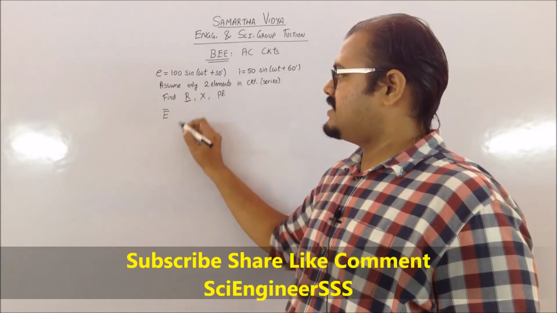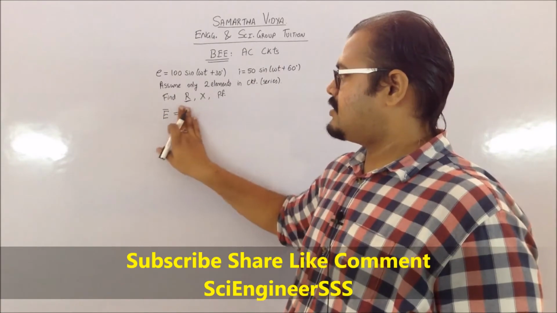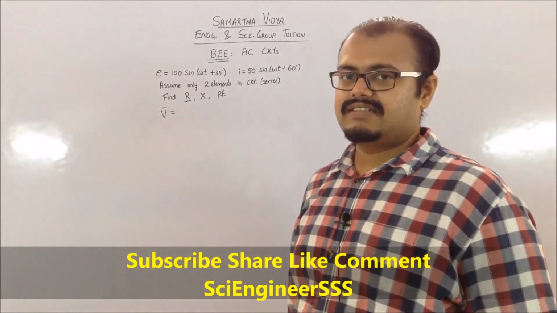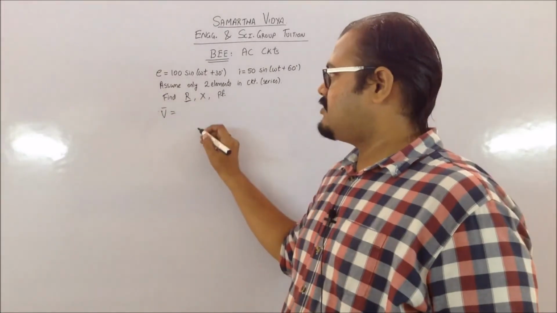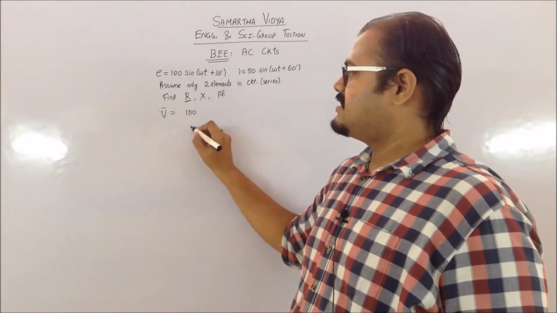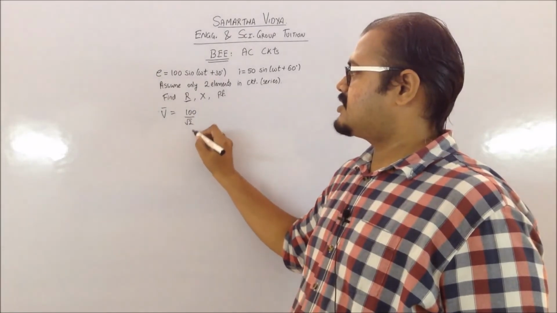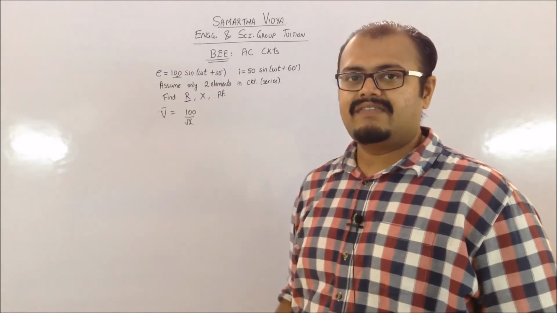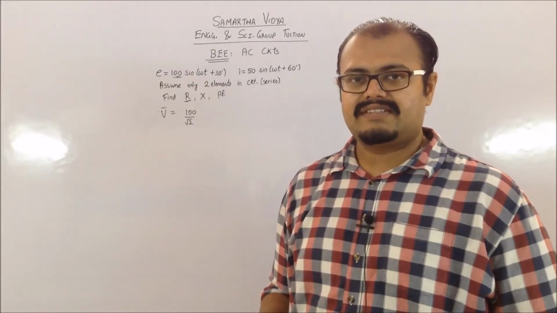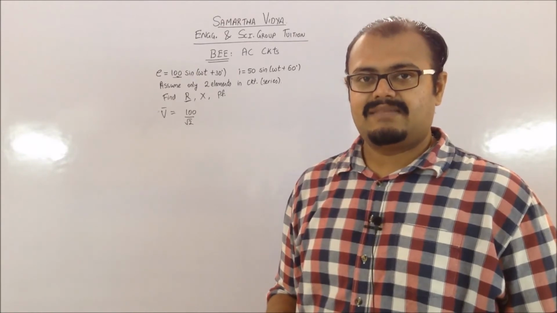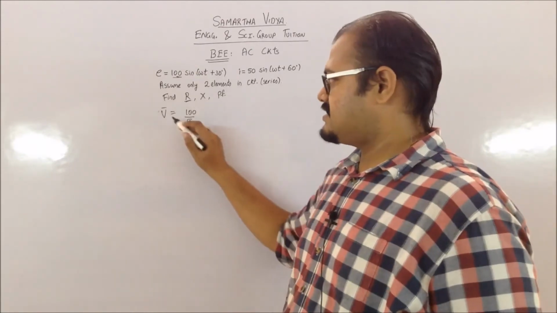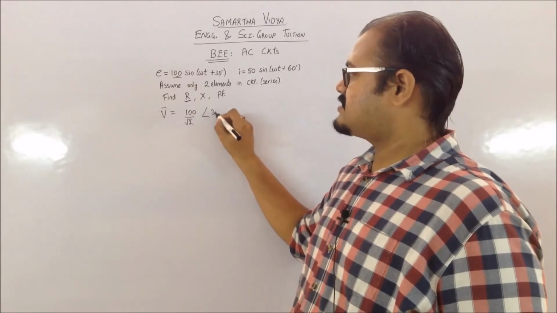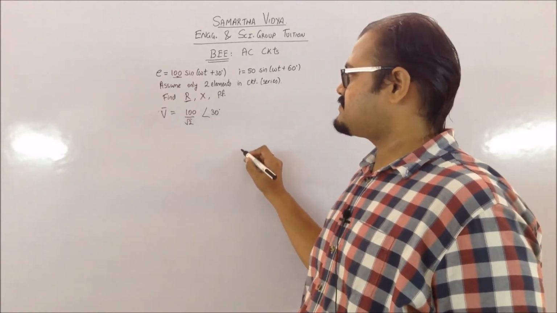This is going to be E bar, or it can be written as V bar, that is your phasor voltage, given by 100 by root 2, because this is the peak value of your voltage, and whenever you are representing a phasor, you have to use the RMS value of your voltage. So V bar will be 100 by root 2, and the angle given for this is 30 degrees.